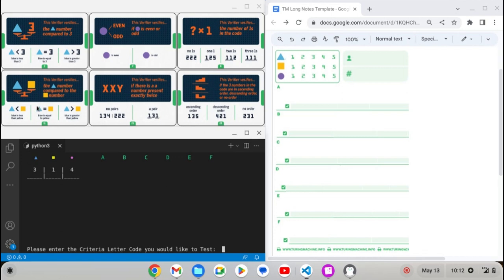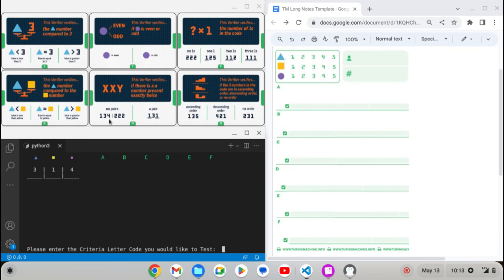Criteria D compares the first and the second digit, the triangle and the square, and it lets us know whether triangle is less than square, equal to square, or greater than square. Criteria E lets us know whether there is a pair of digits, a duplicate digit in our code, as in the example 131, or otherwise it has no pair.